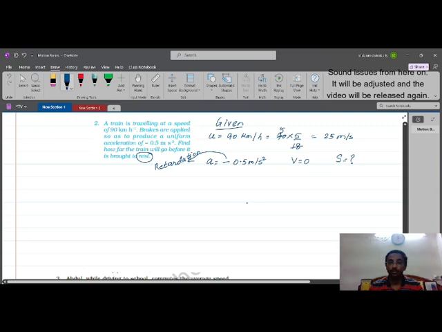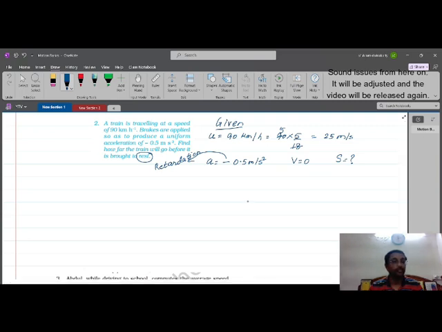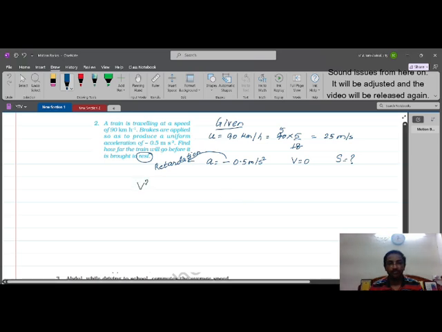That means the final velocity will be 0, and how far, so the displacement has to be figured out. So we have u, a, v and s. What are we going to use? The third equation of motion, which says v square equals u square plus 2as. So s is equal to (v square minus u square) upon 2a. V is the final velocity, so that's 0.